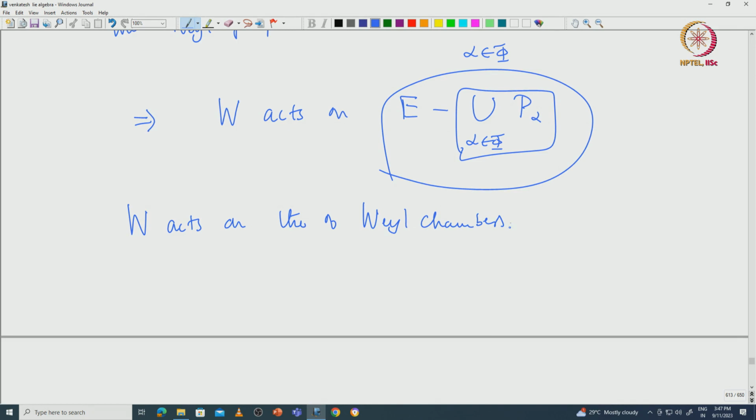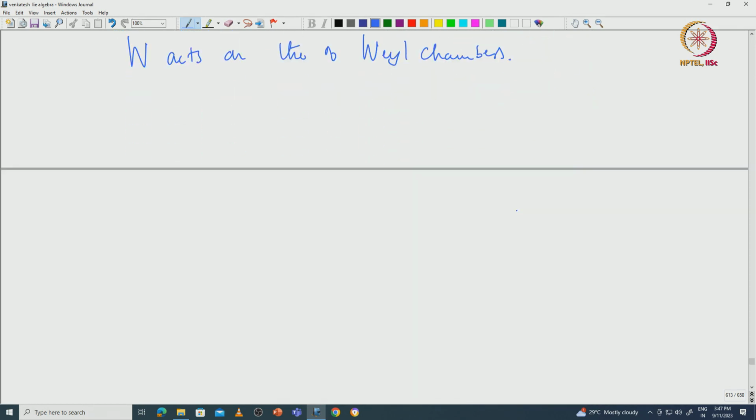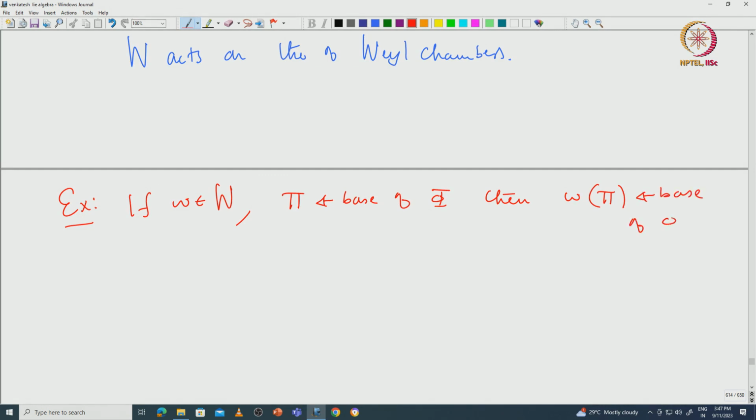Not only that, you can see easily that if pi is a base and w is in W, then w pi must also be a base. This is an easy exercise, I will leave it. So, if w is in W and pi is a base of phi, then w of pi must also be a base of phi.